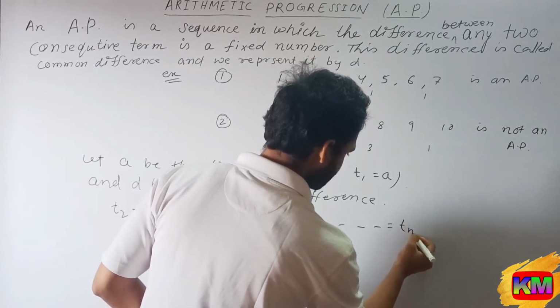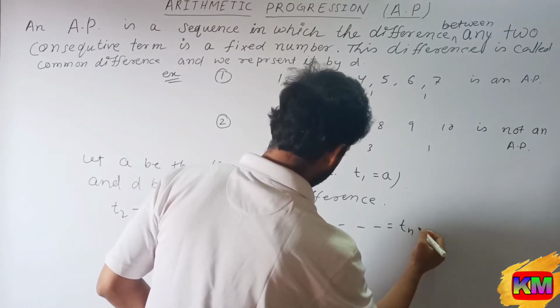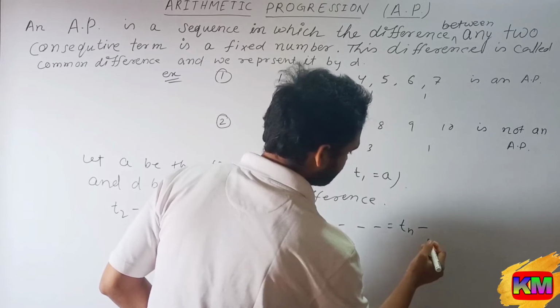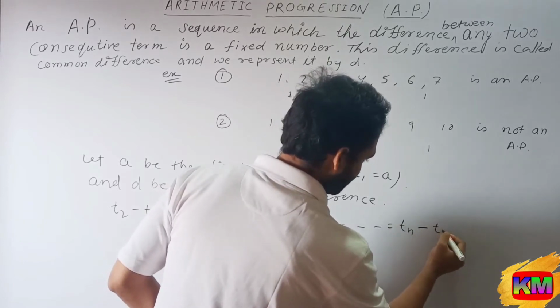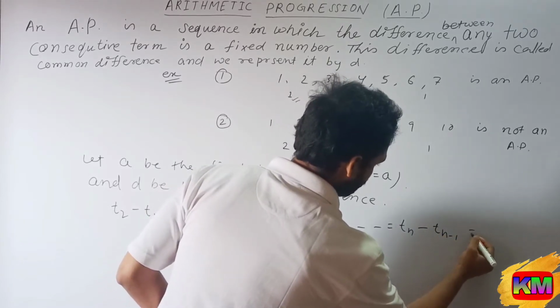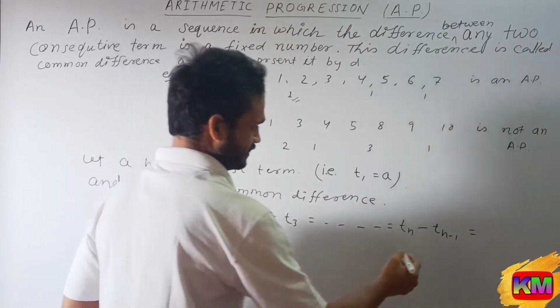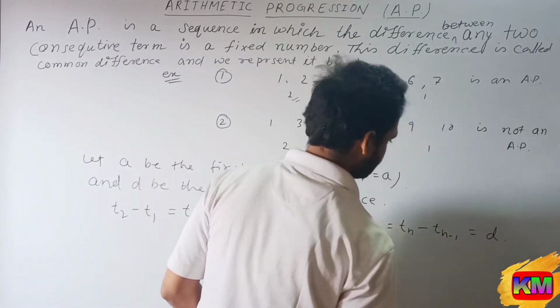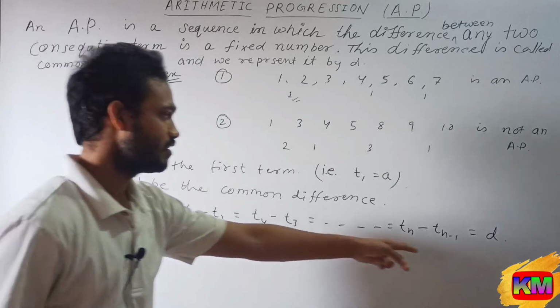The nth term minus the (n minus 1)th term, that is Tn minus Tn minus 1, equals d, because this is the common difference.